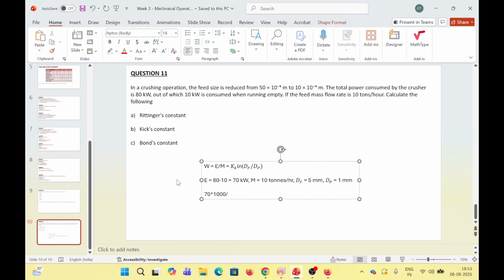You can either keep it in tons and then calculate the Kick's constant, or you can convert it into kilograms and then calculate the Kick's constant. It's your wish.